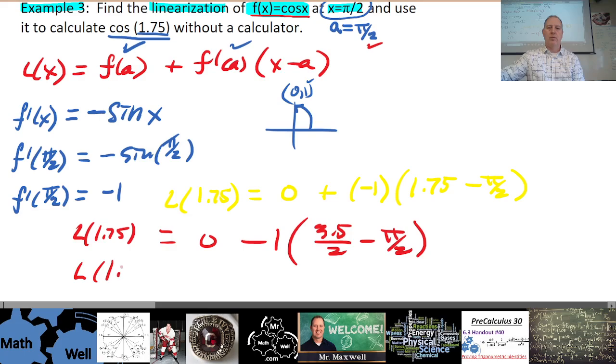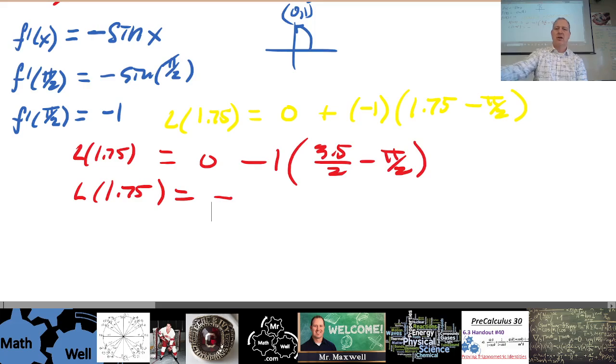So, 1.75 is going to be 0 minus 1 times... Now, I can get a common denominator, I guess. What's 1.75 times 2? Is it 3.5? Okay, 3.5 over 2 minus pi over 2. Let's do 3.5 minus pi. Let's get rid of the decimals and make this a 20 and make this a 10 pi. One step at a time.